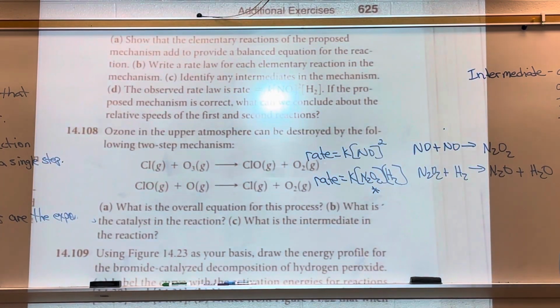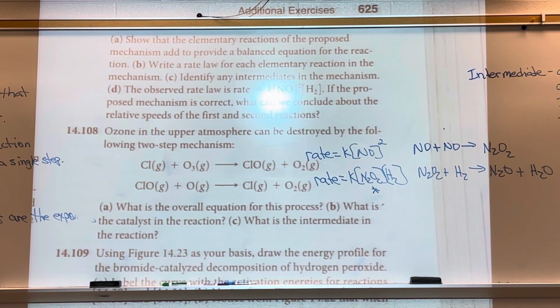Now, is it a fast equilibrium? No? Okay, observed rate law. If the proposed mechanism is correct, what can we conclude about the relative speeds of the first and second reactions? Well, we don't know that answer yet. I'm about to show you that answer.